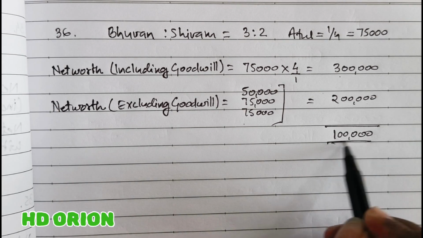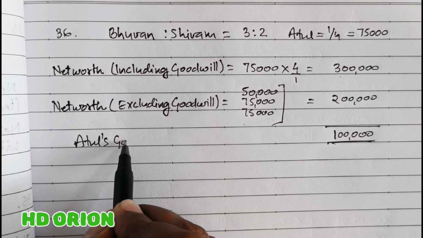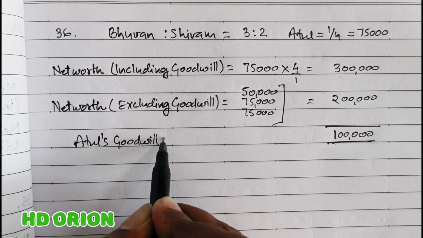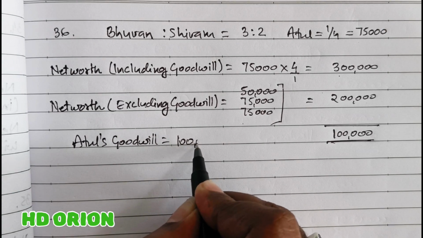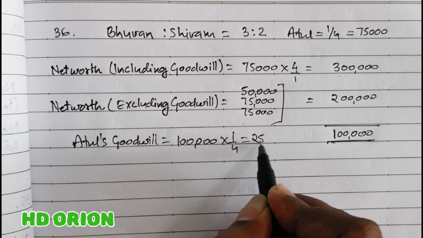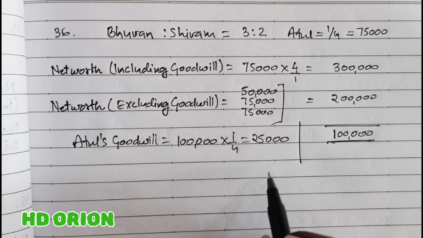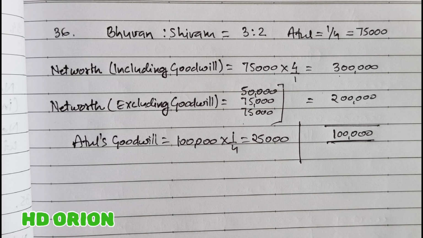Now Atul's goodwill is how much? Atul's goodwill is equal to total goodwill of the firm, rupees 1 lakh into 1/4, that is equal to rupees 25,000. So this was the amount of goodwill which Atul was supposed to bring, but it is not written in the question that Atul has brought his portion of goodwill in cash.